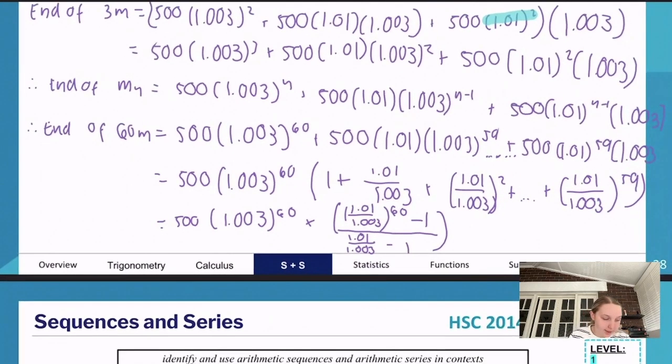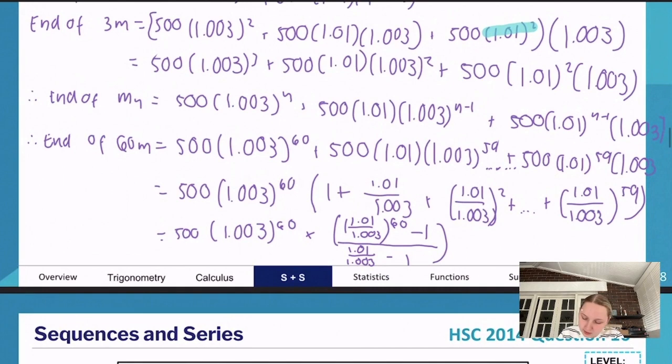And then when we do that, it equals $44,404.378, which is equal to $44,404 to the nearest dollar.